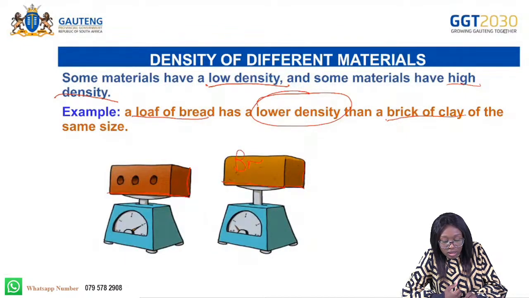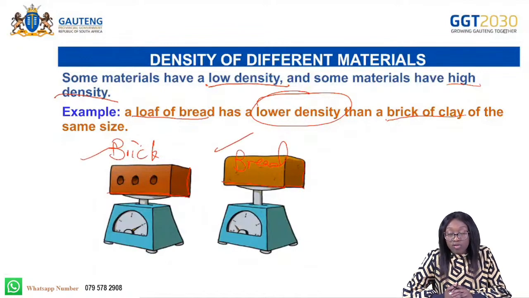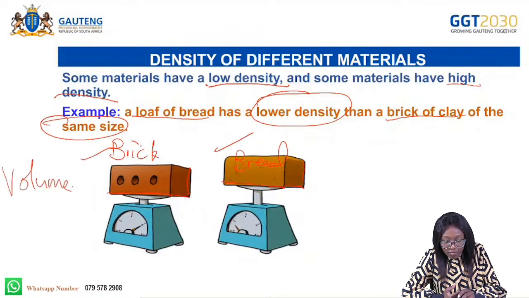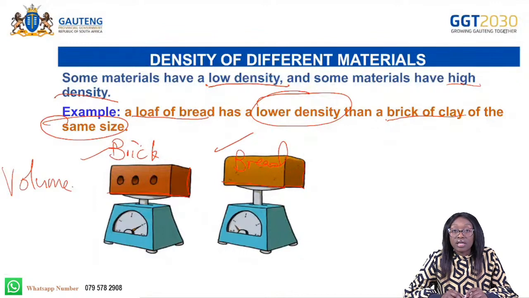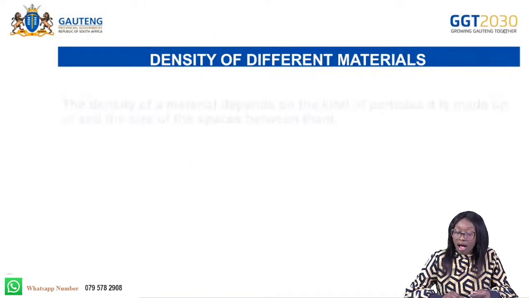So this is our loaf of bread and this is our brick. So even though the brick and the loaf of bread are the same size or have the same volume, they will have different densities. So now let's discover why and how.